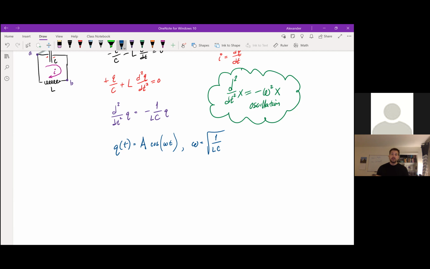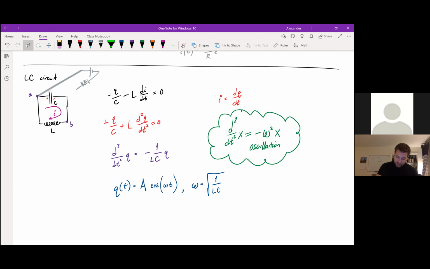What should the amplitude be? Well, we're talking about the function that represents the charge on the capacitor. The charge on the capacitor is originally expressed in terms of the capacitance and the potential difference that was used to charge it, which was the EMF of the original battery.